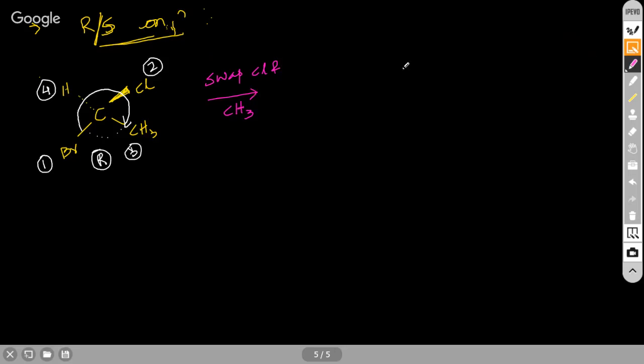What we get, you see, we have carbon, chlorine was coming towards the observer, which is swapped by CH3. So now this CH3 is coming towards the observer, towards us, and chlorine is here, bromine is here, and we have hydrogen present here, right?